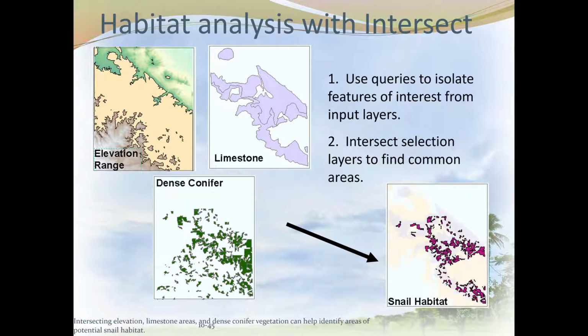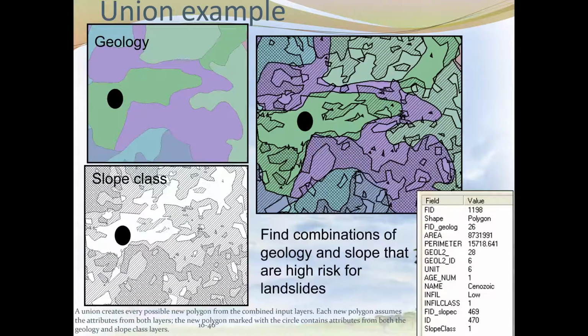So the goal is to find the area common to the inputs. Although the attributes from each input are combined in the final table, the attributes themselves are sometimes of little interest. So in the snail habitat problem, the pertinent attributes were already pre-selected using queries, and the main goal was developing a map of the overlaps.